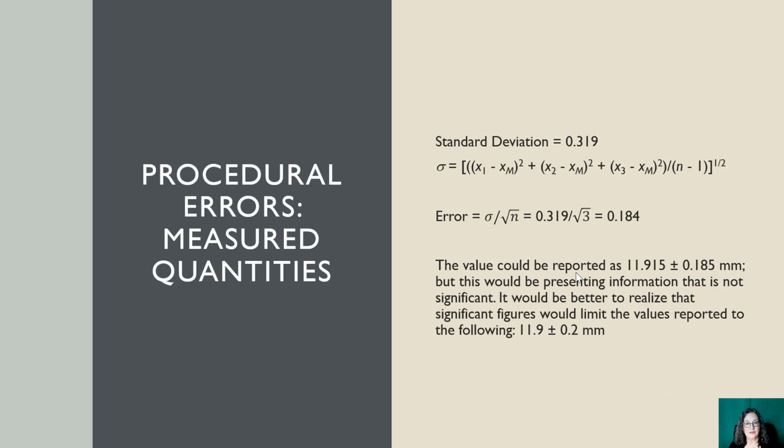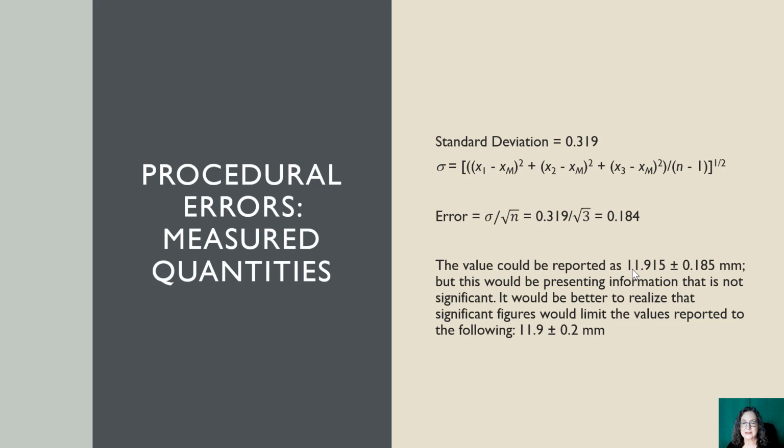For the standard deviation, I subtract the mean value from each of those, square them, divide by n-1, and take the square root. Fortunately, Excel does those calculations for me. Anyway, it's 0.319. For the error, I take that standard deviation and divide by the square root of 3, and so 0.184. One of the 4 or 5 is a typo.